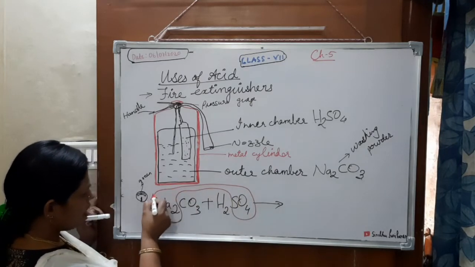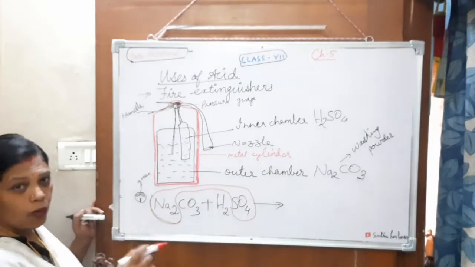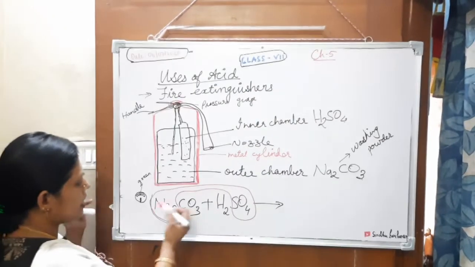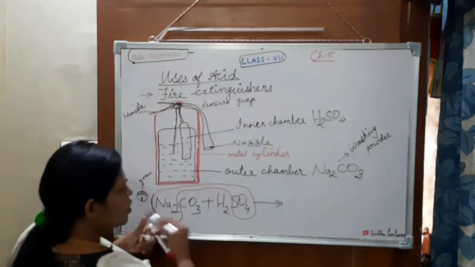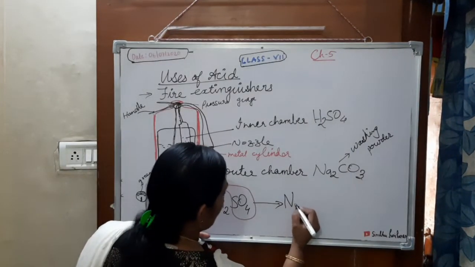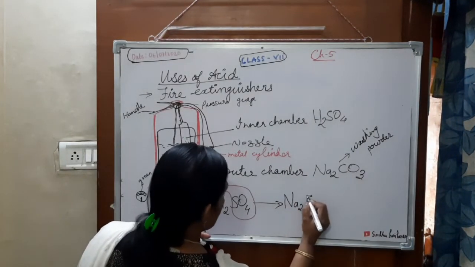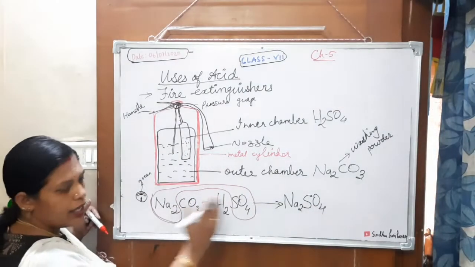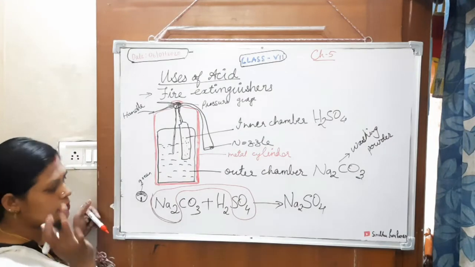These two form. Then the sodium carbonate reacts with the sulfuric acid, and what do we get? Sodium sulfate, Na2SO4. Just half of this, take it. Na2SO4, that is the sodium sulfate.